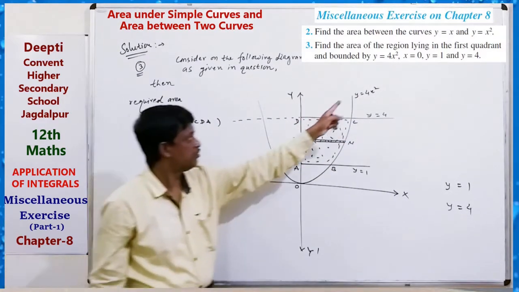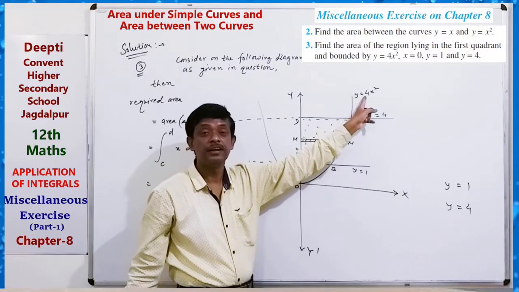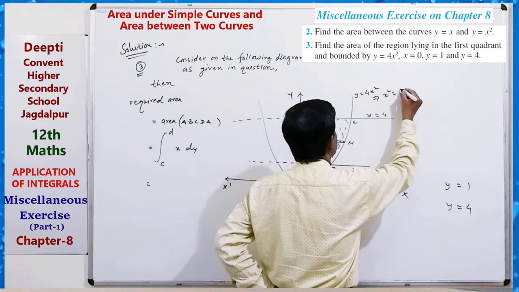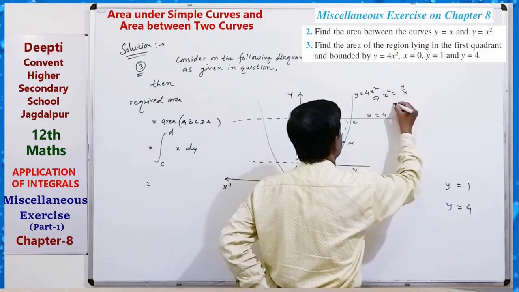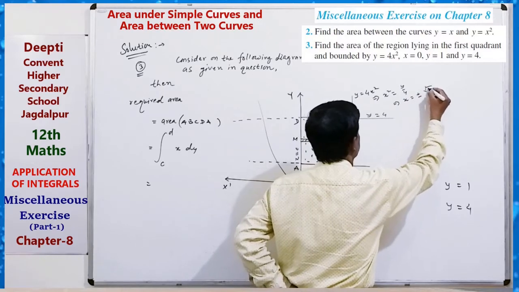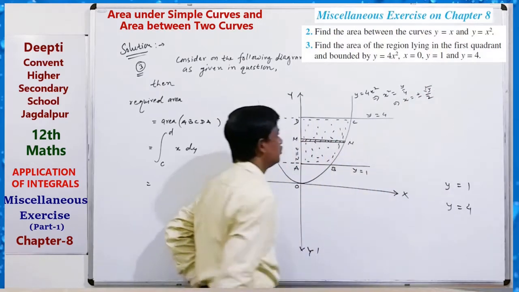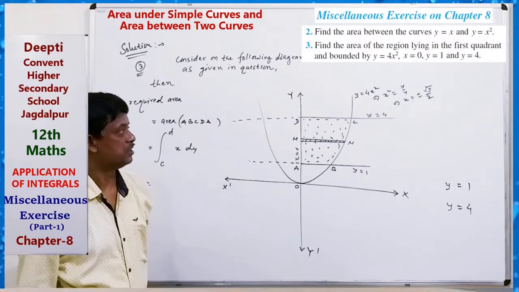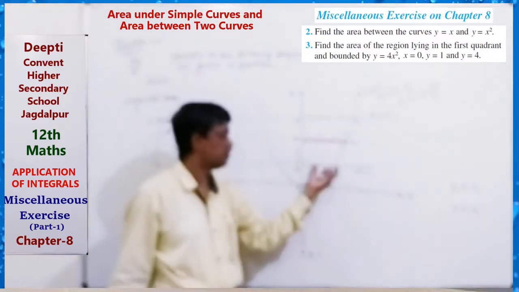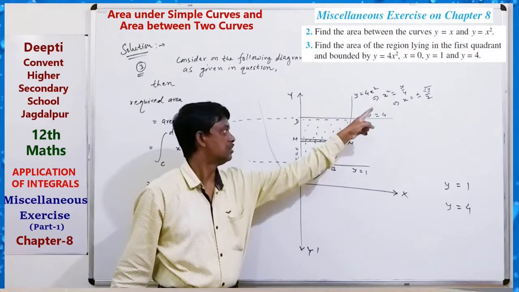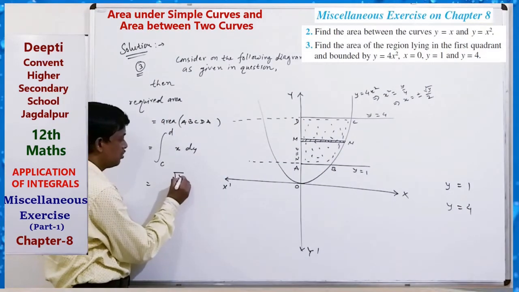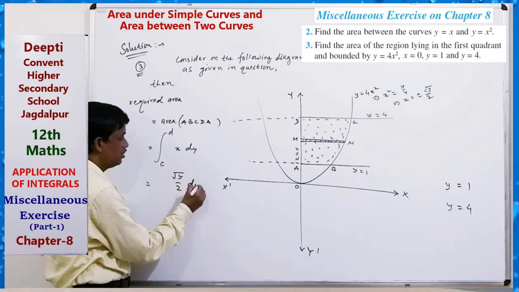So from here we can find the value of x. x squared equals y by 4, which implies x equals plus minus root y by 2. Plus is here and minus is here. So in the first quadrant, we take the plus sign. So x equals root y upon 2 dy.